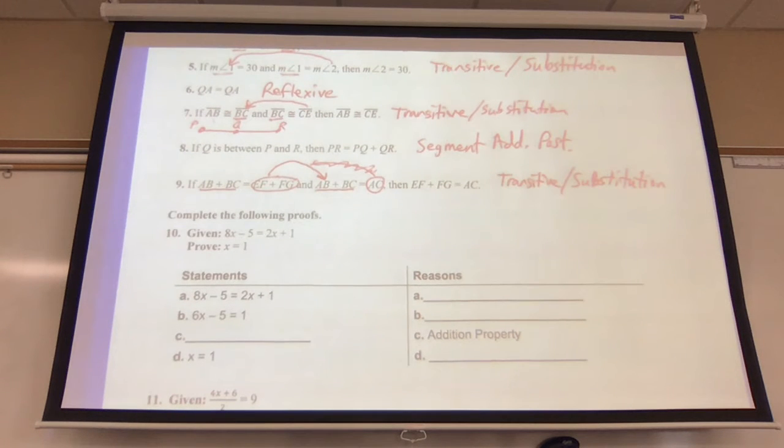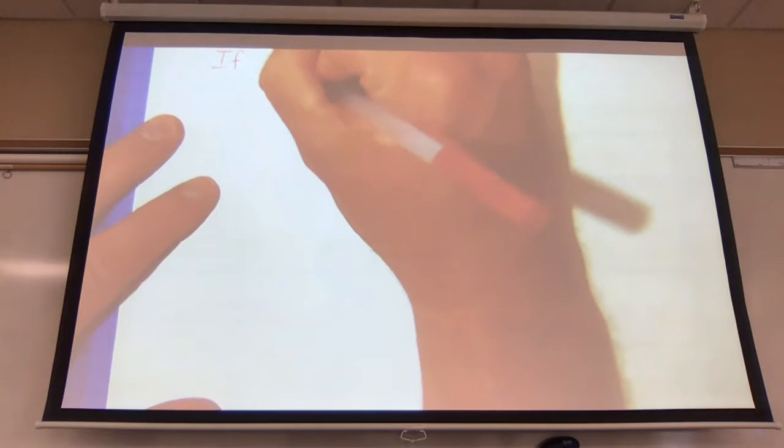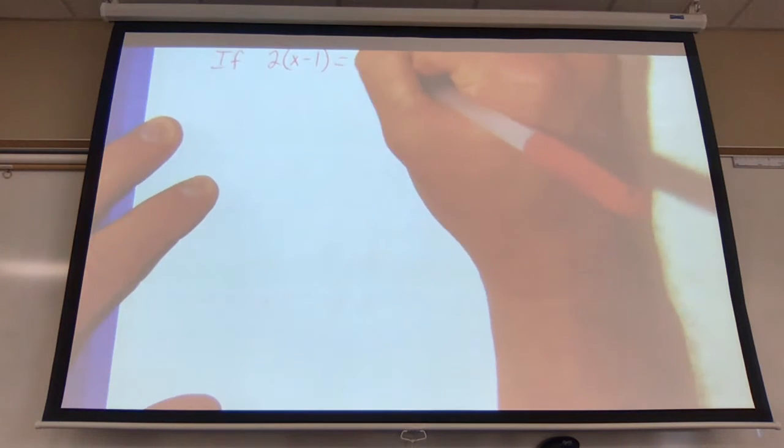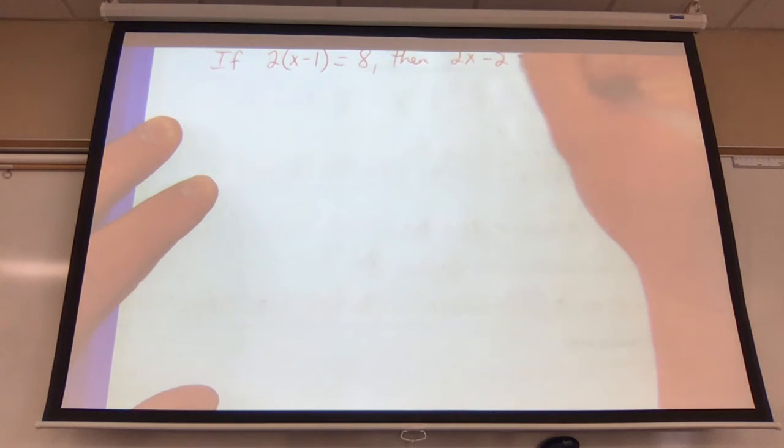Now again, if it's if-then form, you're going to figure out what they did to the if to get to the then. Now these aren't on there, but I'm going to add a couple more. Let's say we had something like this. We're going to test you out here. If 2 times the quantity x minus 1 equaled 8, then 2x minus 2 equals 8.